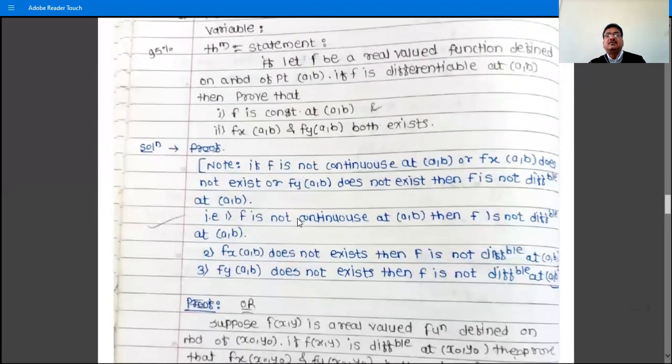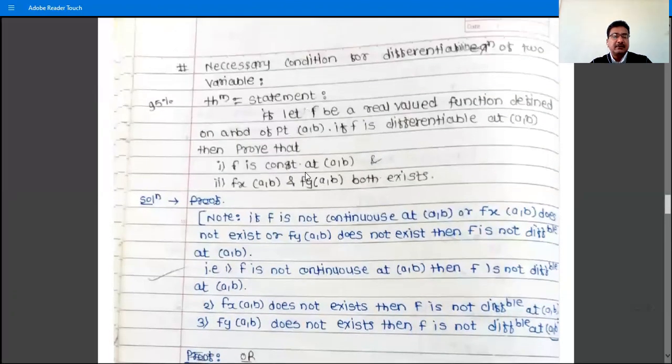So we have to show that if the function is differentiable, then the function is continuous. It is a very obvious theorem, and it is also true for a single variable function, that if the function is differentiable, then the function is continuous, but the converse is not true.